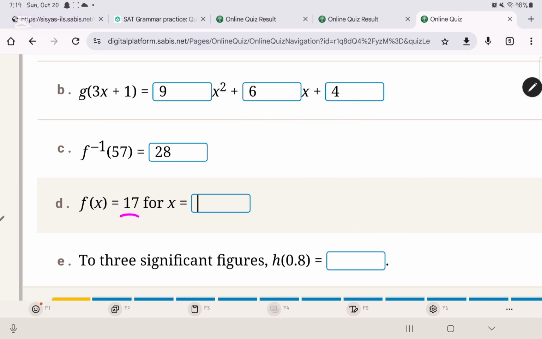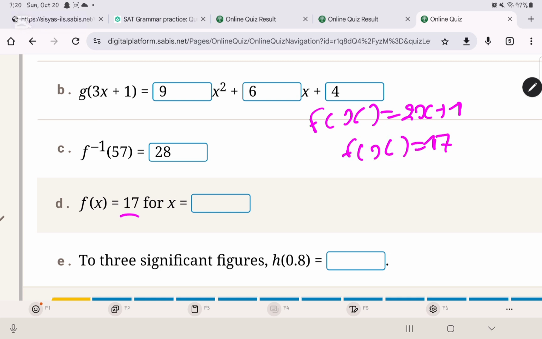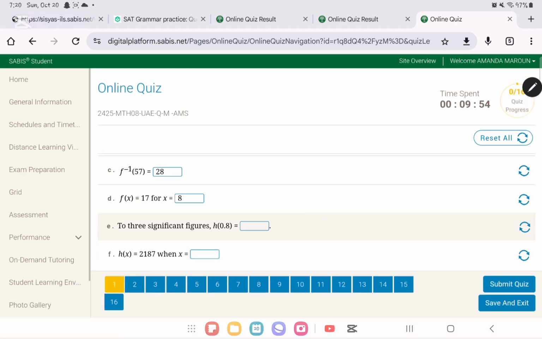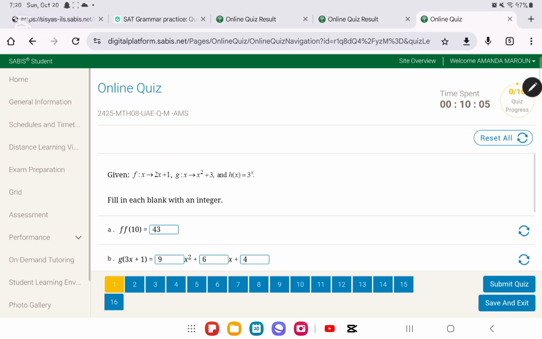We write the function f(x) is equal to 2x plus 1, and then we substitute 17 is equal to 2x plus 1, and we solve, and then we will get 8. Now here, of course, in this exam, we're allowed to use calculators. However, in the periodic, we're not allowed to, okay? So to 3 significant figures, h(0.8).